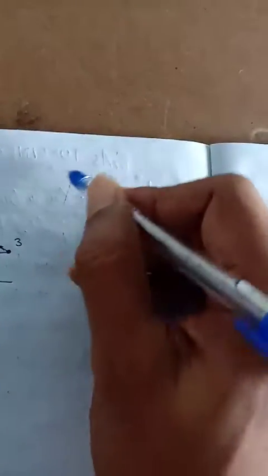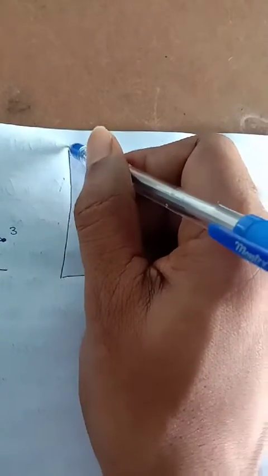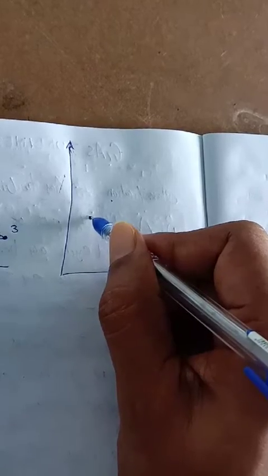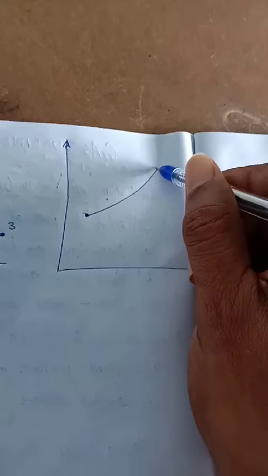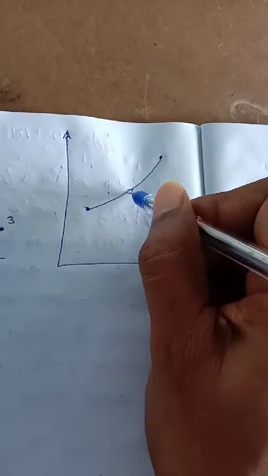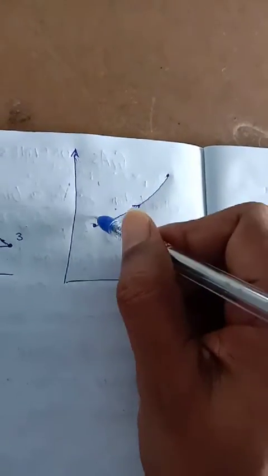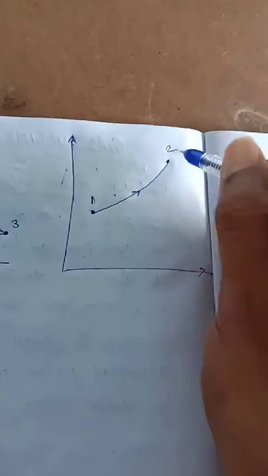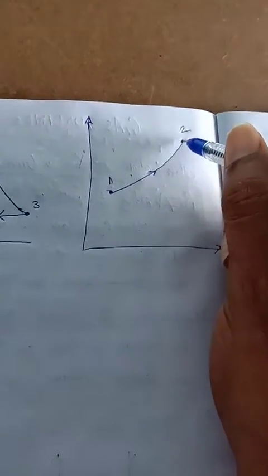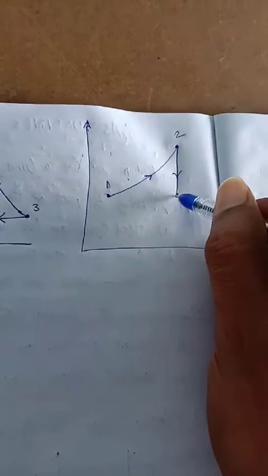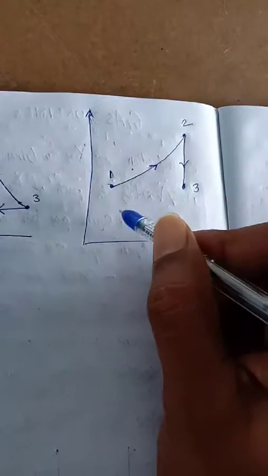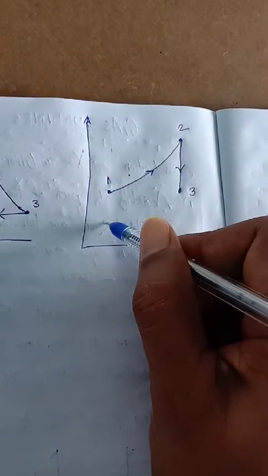Now the temperature and entropy graph. Here is entropy, and temperature rises from 1 to 2. This is 1 and this is 2. Then 2 to 3 comes here, and this is constant entropy.